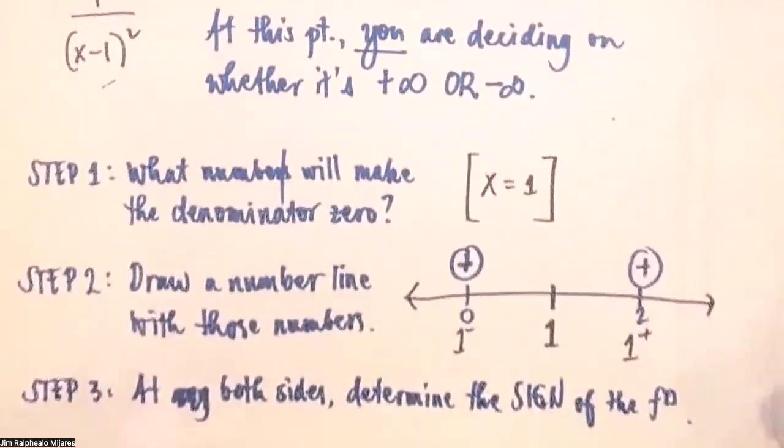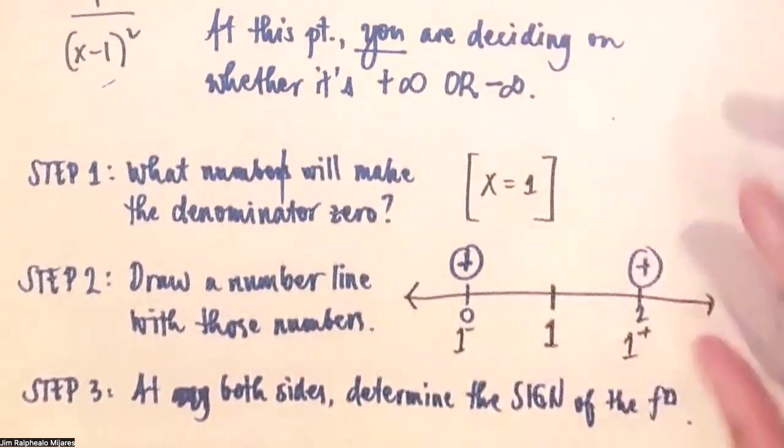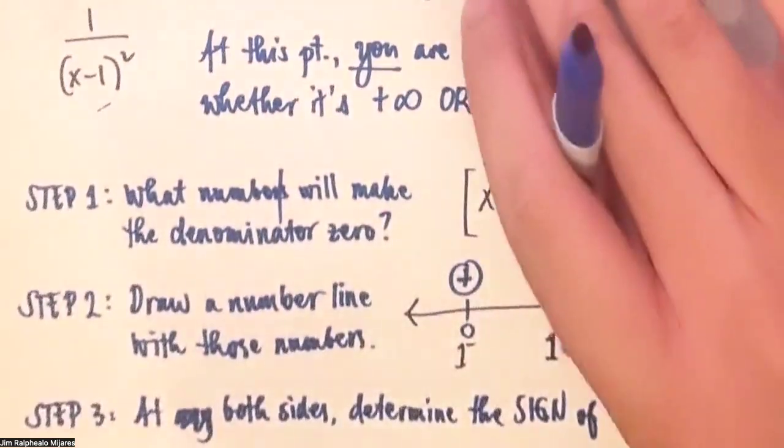So this solution right here doesn't need tables. This is the more correct solution than this.